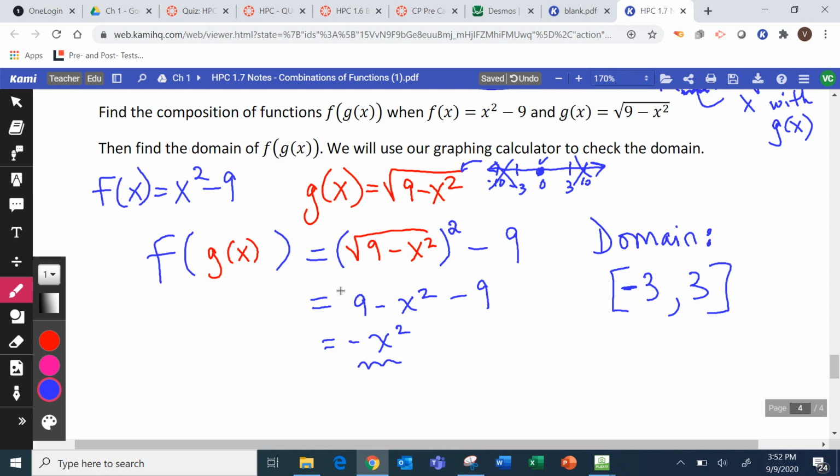So I'm going to type in square root of 9 minus x squared minus 9, before it got simplified.